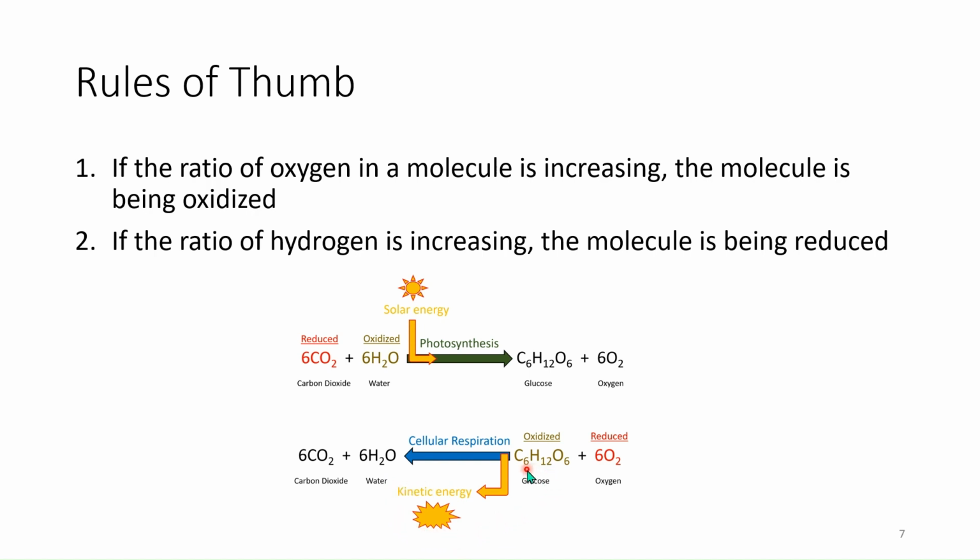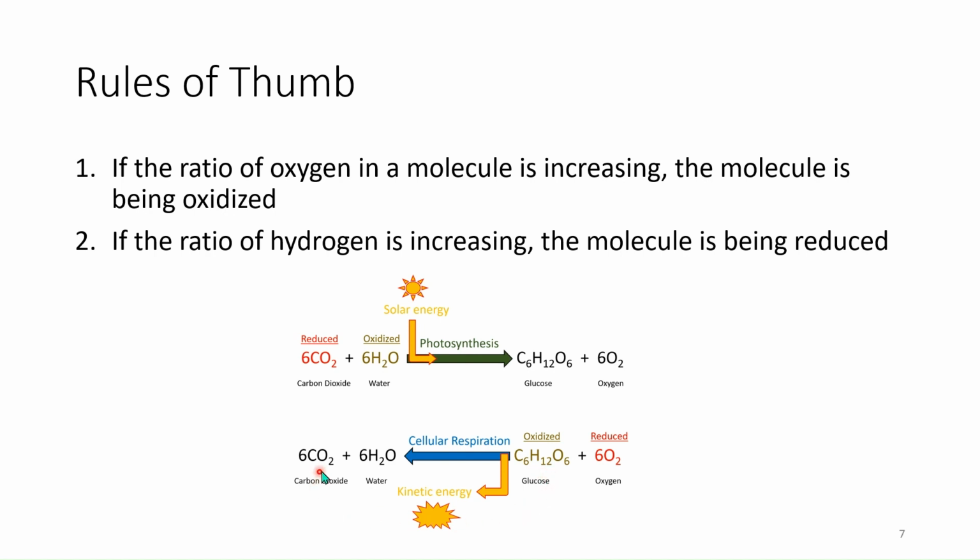Now, if we look at the ratio again, we have a 1-to-1 of oxygen and a 1-to-2 of hydrogen. And we do the exact opposite of this chemical reaction here. And we can see that now we have a 1-to-2 ratio of oxygen. So oxygen went up. That means we're oxidizing, as listed here. And we can confirm it. We could stop there, but we could look at the hydrogens too and see there's one carbon to two hydrogens.